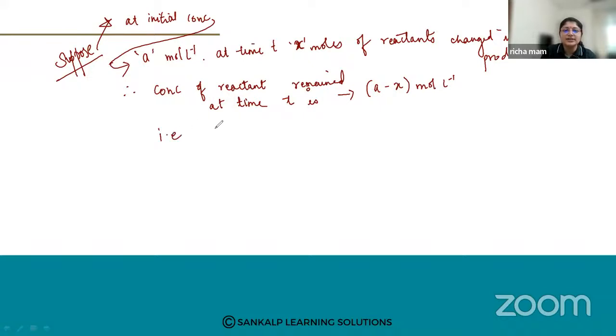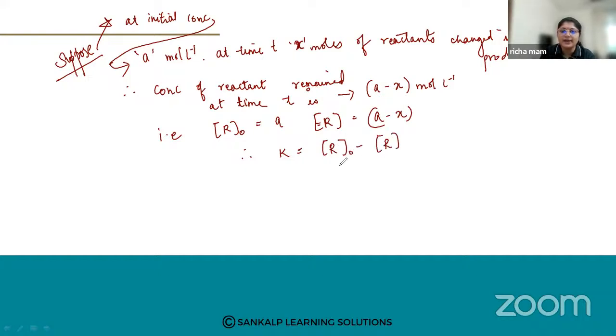So suppose that is your R naught. Your initial concentration is A, and after time t, R will be equal to A minus X. So K will be given as, what was K? K is equal to R naught minus R by t.